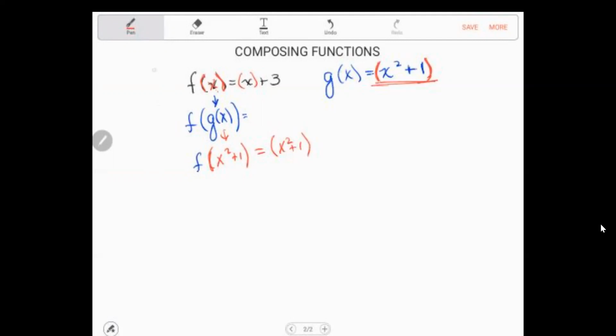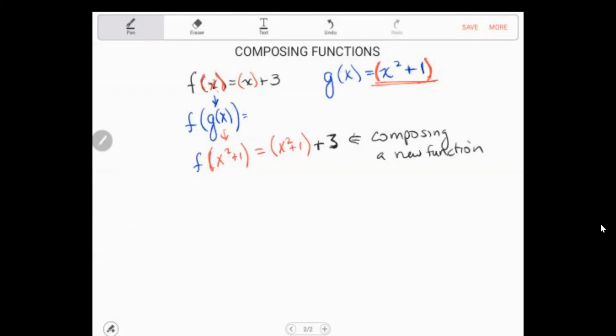And then we still had our plus 3 at the end there. And that's called composing a function. What we did is composing a new function from our old functions, which were f and g.